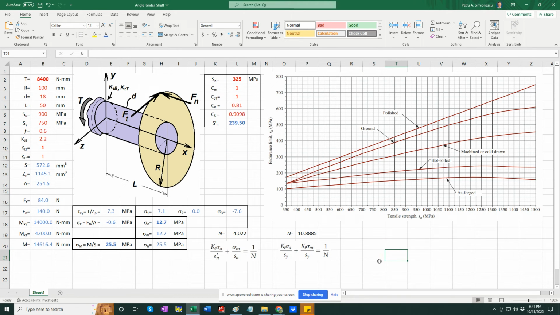For early cycle yielding, this is the equation to use. This time stress concentrators are applied to both the alternating and the mean stress, so I need to change this to 1.5. If I had some value given for the compressive stress concentration factor, I would change this to the respective value greater than 1.